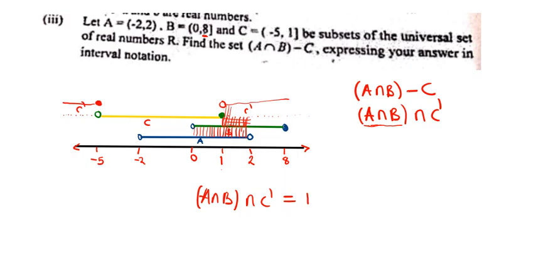When I write 1 there, remember 1 is not part of C complement, meaning it is disqualified by virtue of not being in our intersection, which is C complement. So we are not including 1 because it's not part of C complement. You have seen?